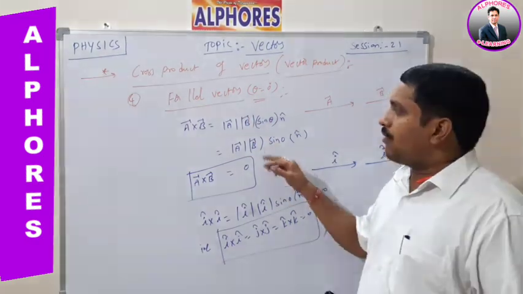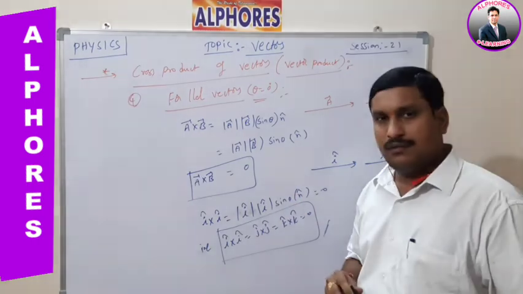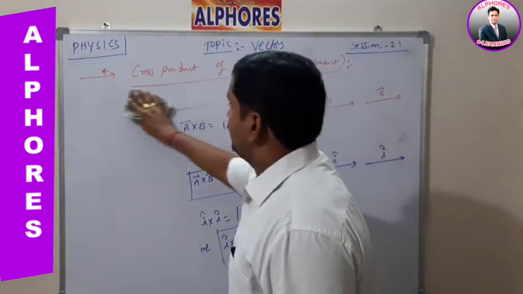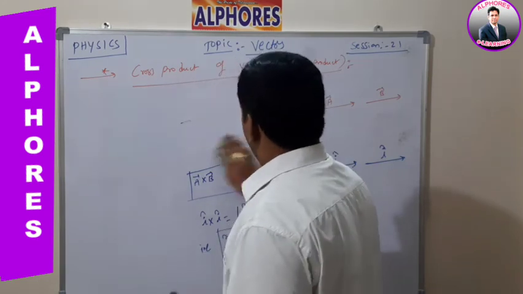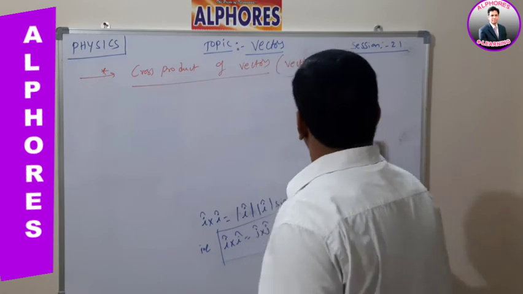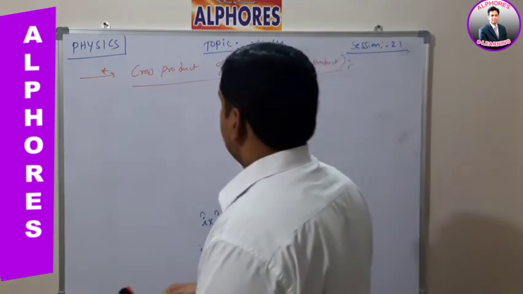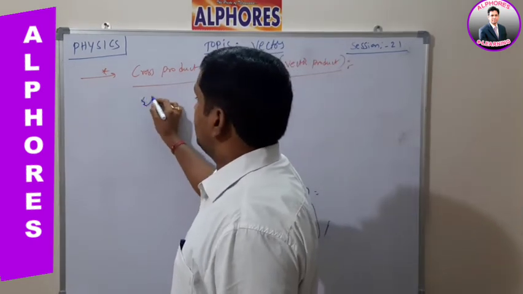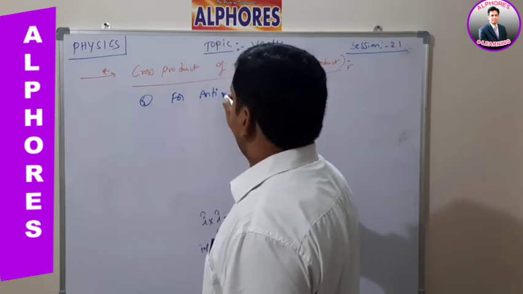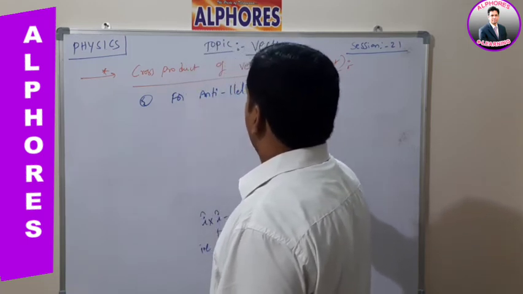Next I have to do the anti-parallel vectors also. This is the fifth property, the fifth point, for anti-parallel vectors.